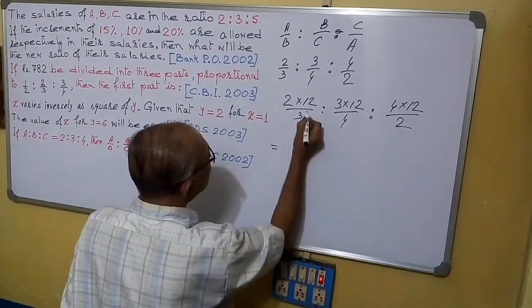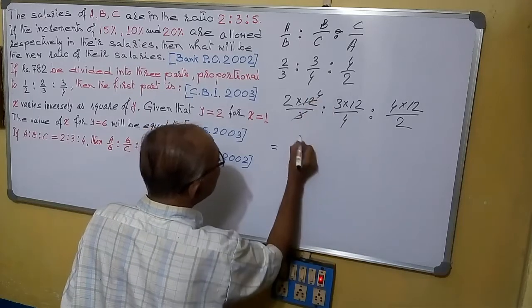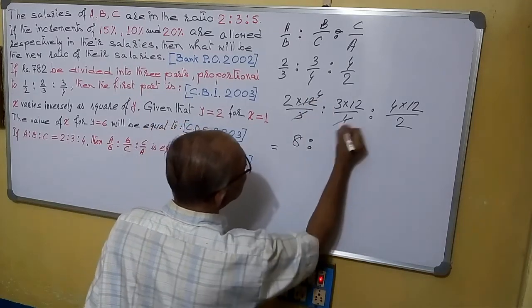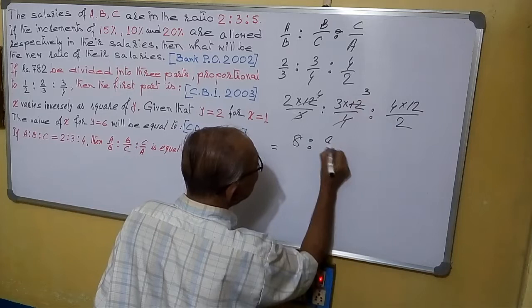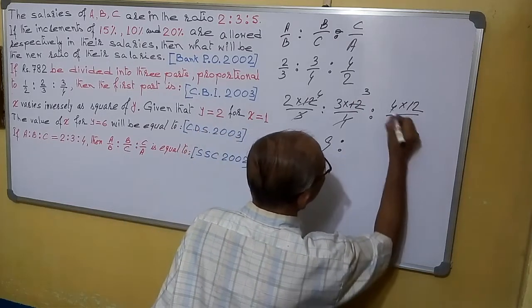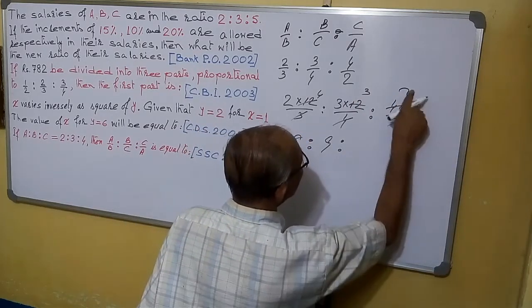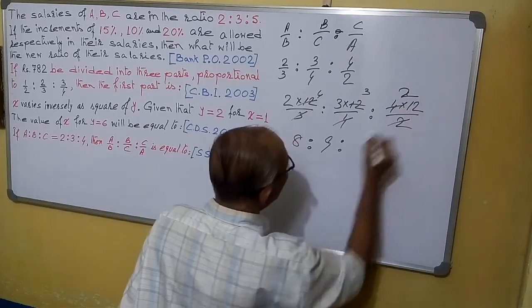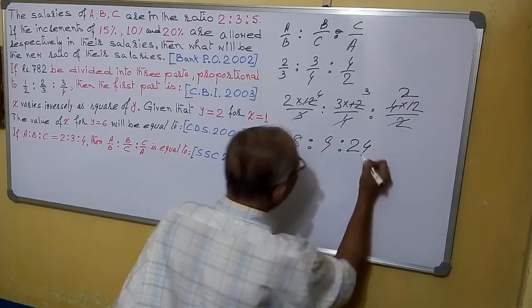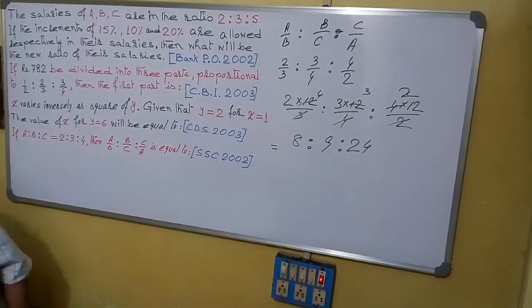So this gives you 8 is to 9 is to 24. So in this way we can do these sums.